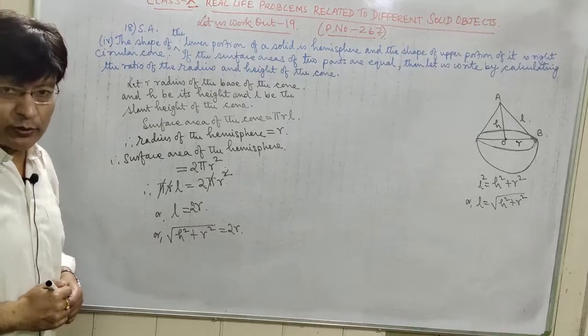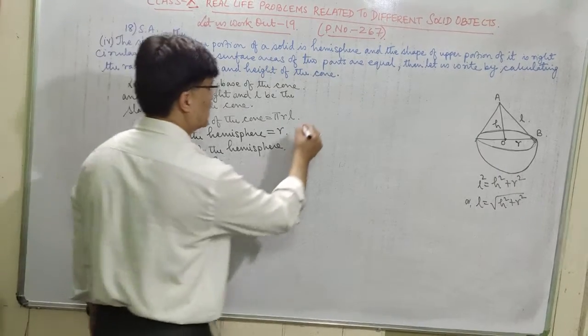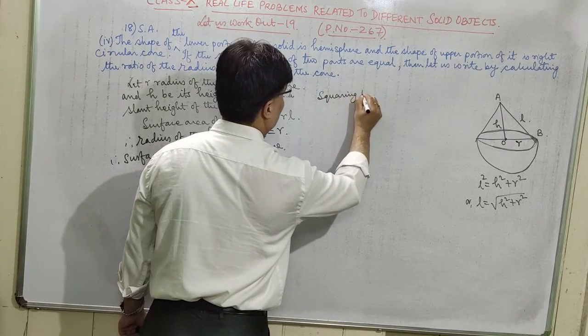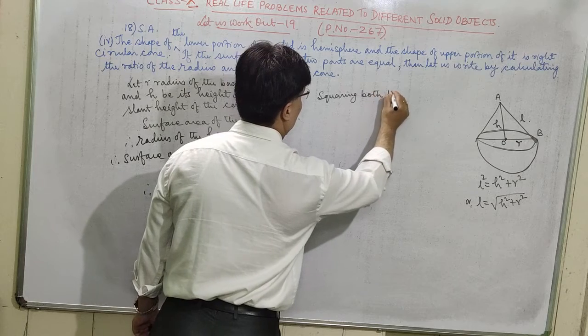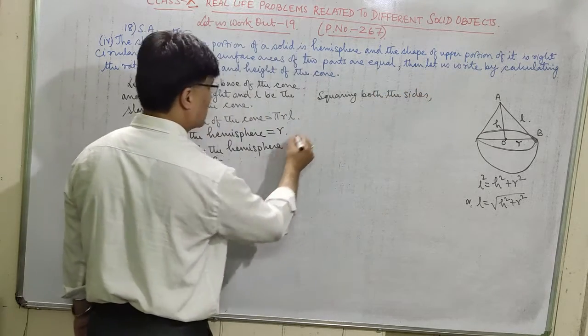So you have to remove the square root. How can you remove the square root here? By squaring both the sides. So what do we get on squaring both the sides?